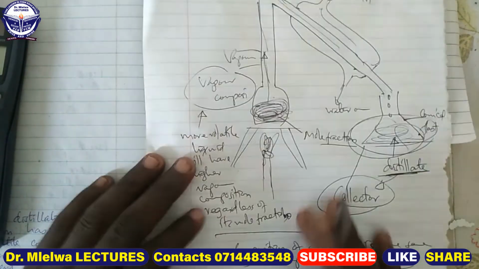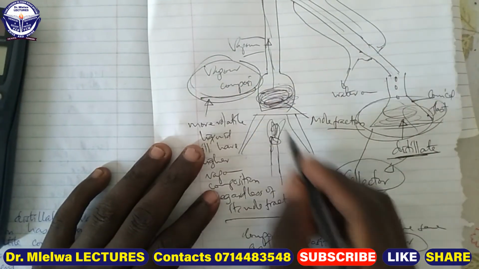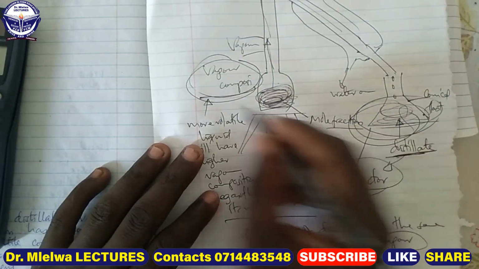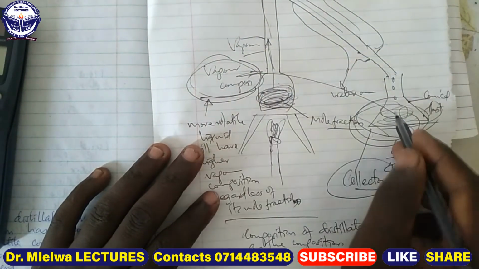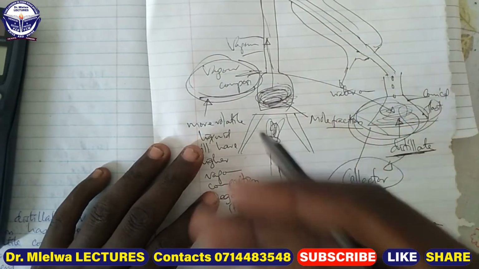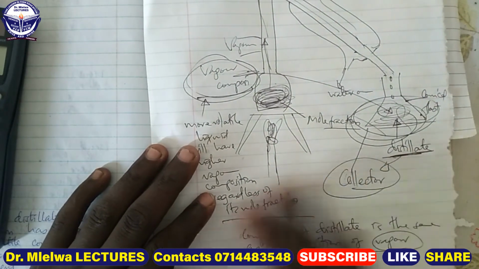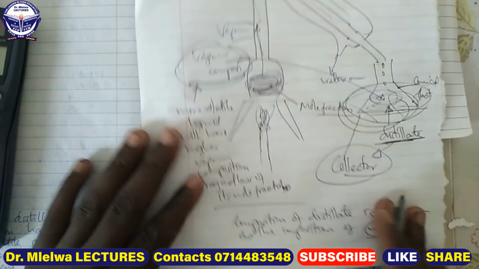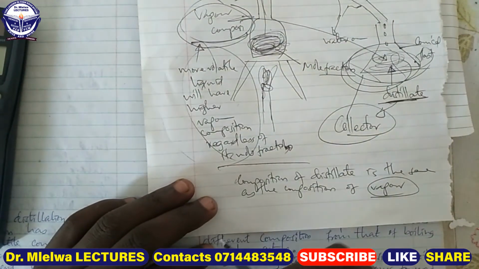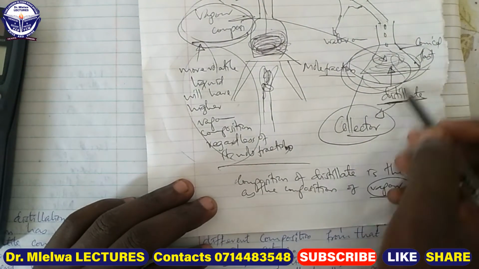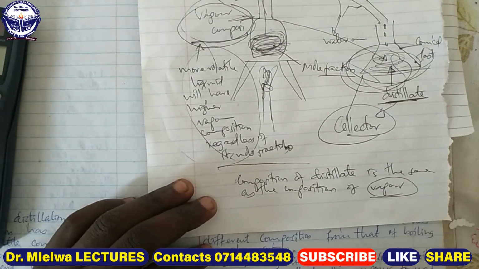So kama hapa tuko na kitu kinaitwa vapor composition, pia composition ya hii distillate itakuwa sasa na ile ya vapor. So hii tunaita first vapor, ukiita first distillate, first vapor. Kwa hii distillate, remember nimekwambia kwamba vapor ina composition kubwa ya more volatile liquid. Pia hii distillate inakuwa na composition kubwa ya more volatile liquid.